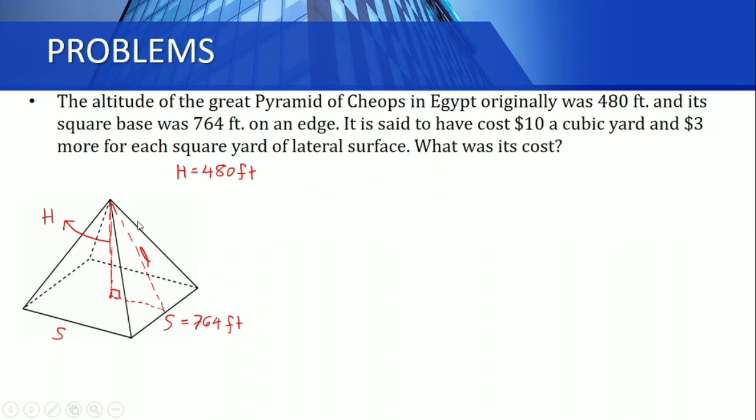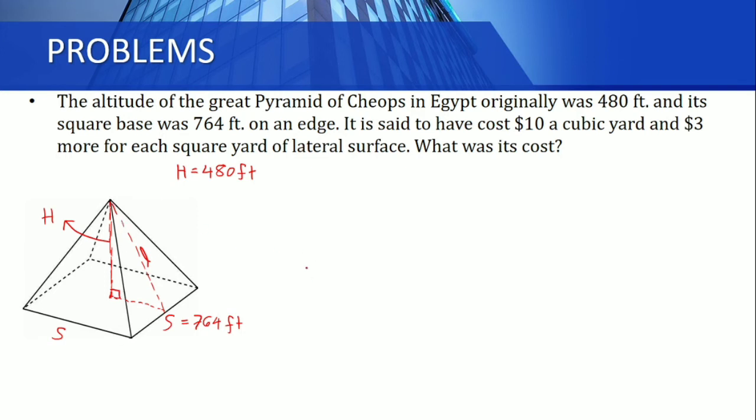So kunin muna natin yung slant height natin para makuha natin yung lateral surface area ng ating pyramid. So meron tayong right triangle sa loob ng pyramid.